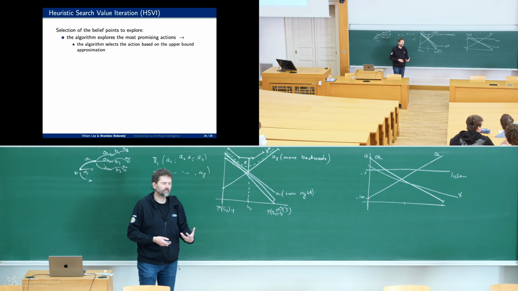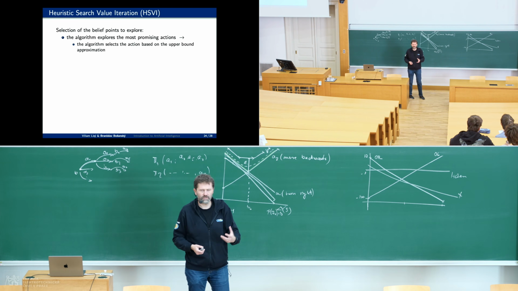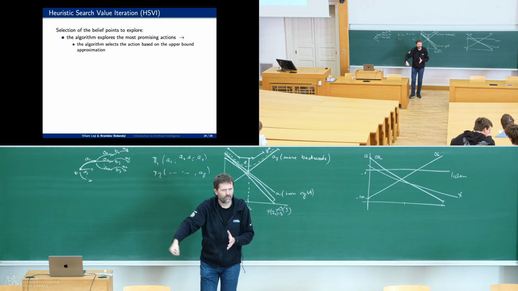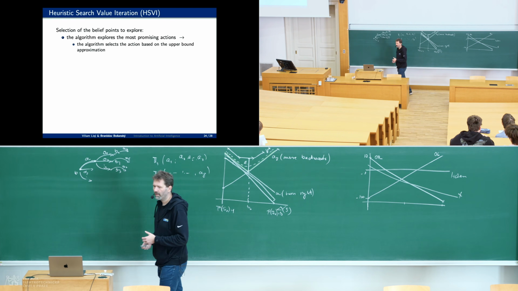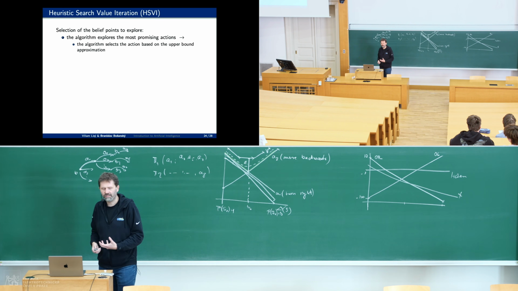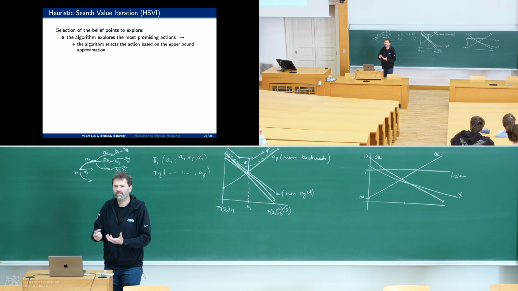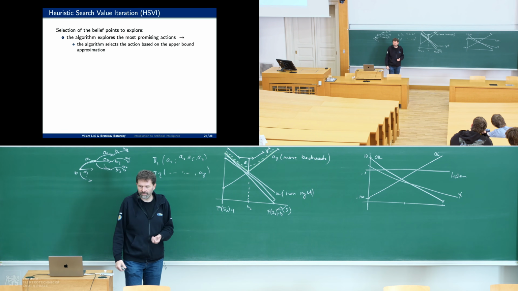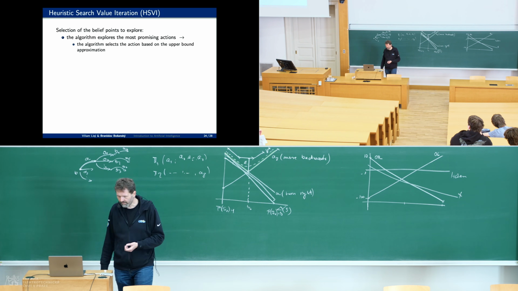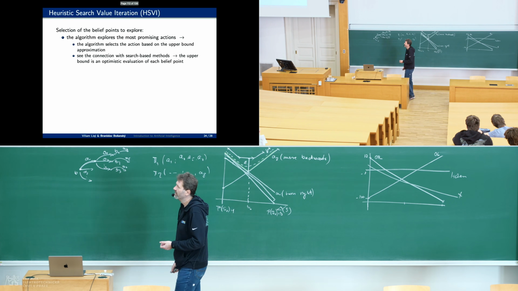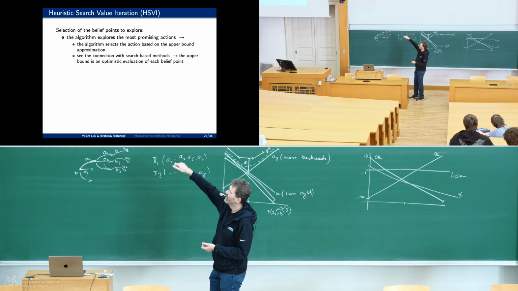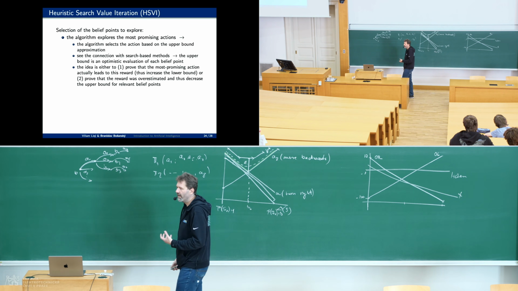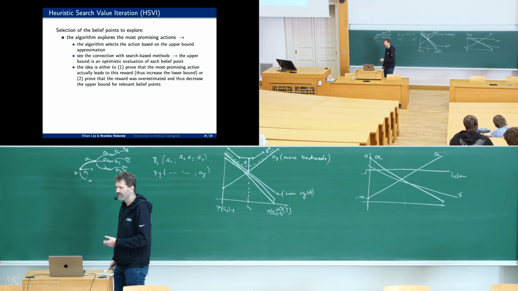So the decision of which actions to take and to which belief points the algorithm is going is driven by the upper bound. This is similar to A star, where the search is driven by the heuristic function, right? So this is very, very common.